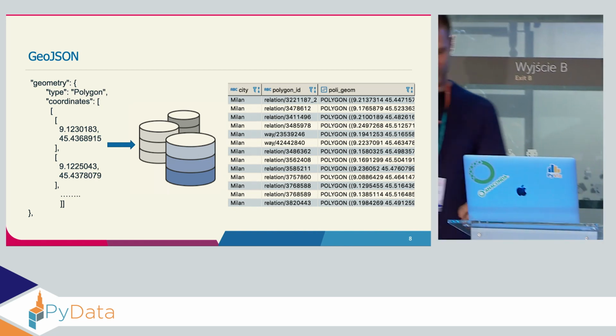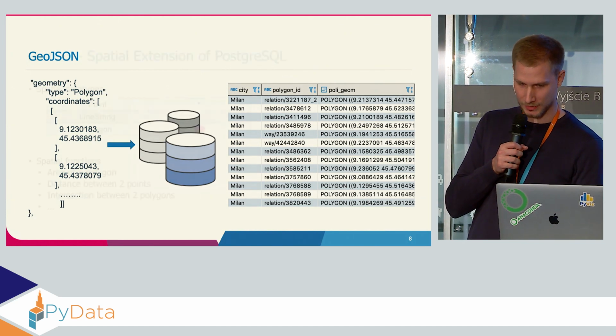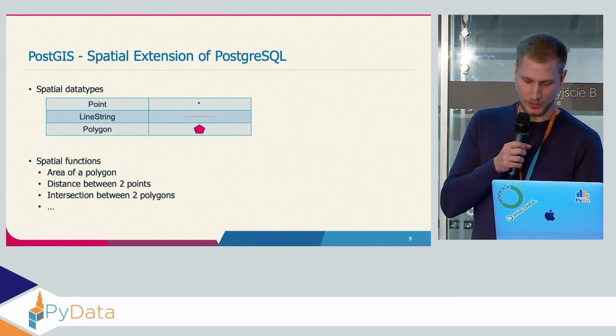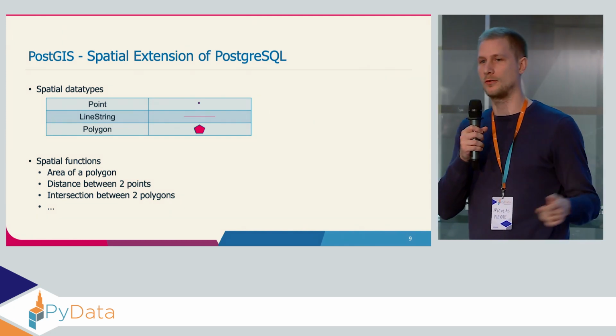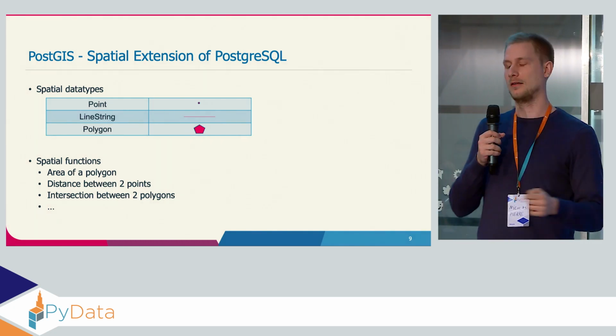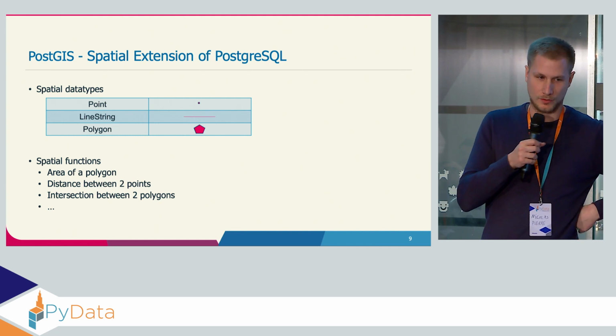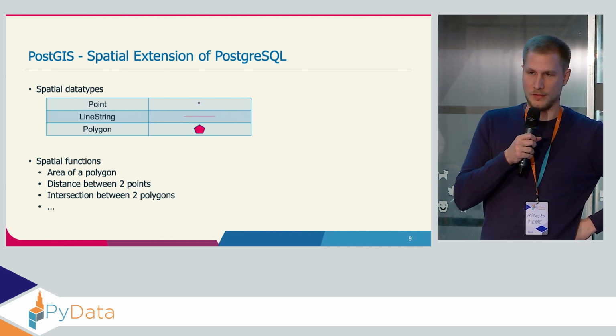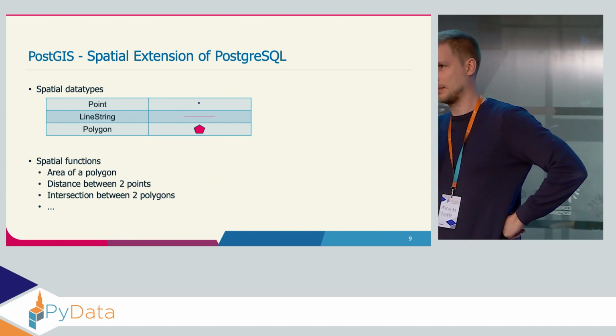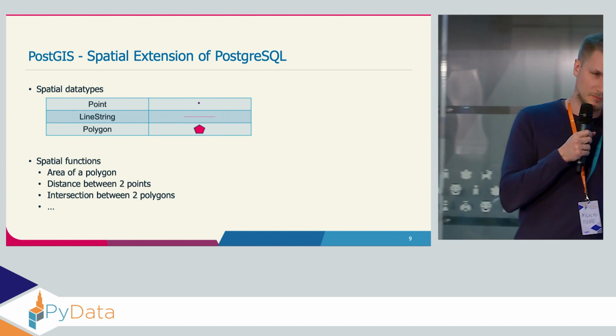Okay, thank you. So yes, as Ioana was saying, when you have that many polygons and shapes, like all the parks of Milan, all the streets of Milan, all the railways of Milan, it's a lot of things that you have. So for sure you want to store it in a proper way. So the idea was to store it in some database. You could think, okay, I have my SQL database.